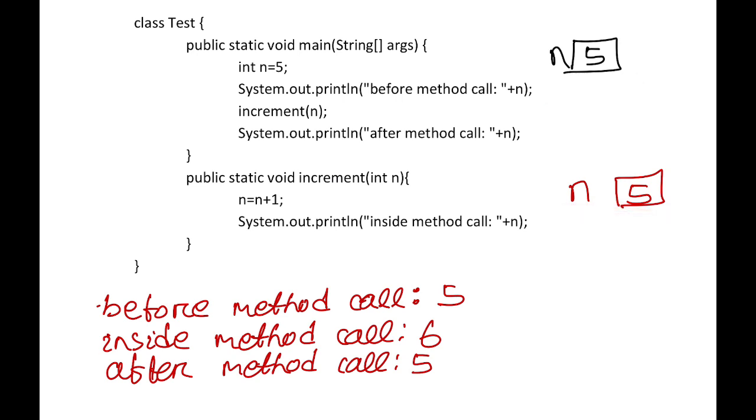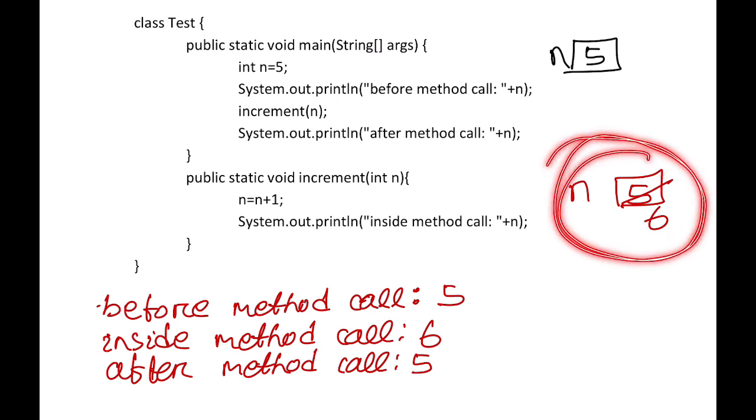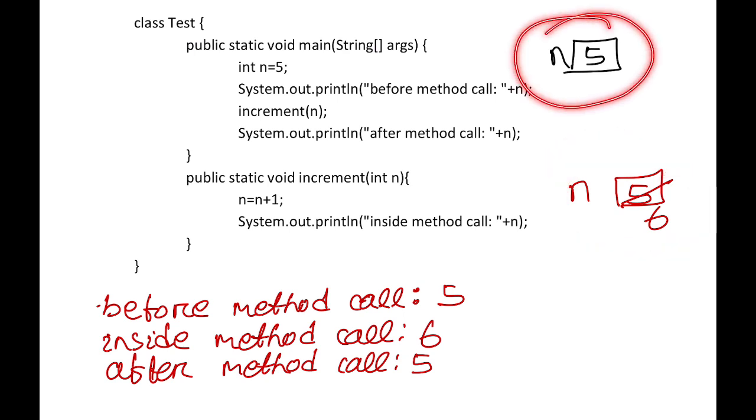So here in the increment method we are updating the value of n to 6. So if we make any change here, then that is not going to affect the original one. So this is a copy of n. So if we make any change to this copy, the original one is not going to be affected.